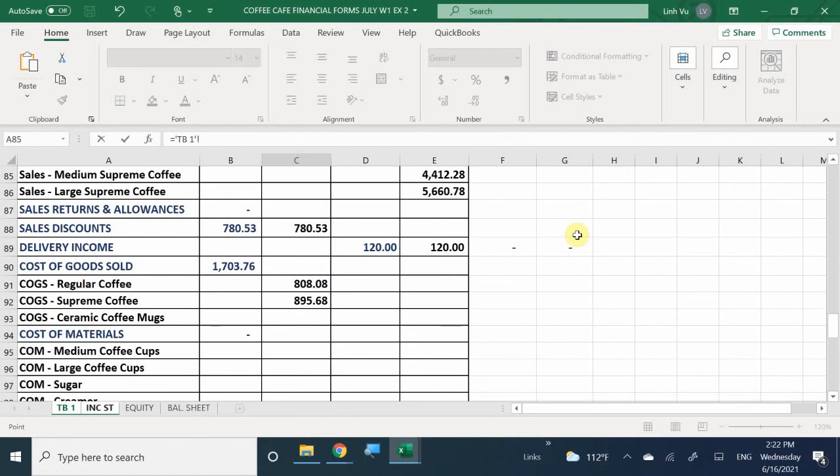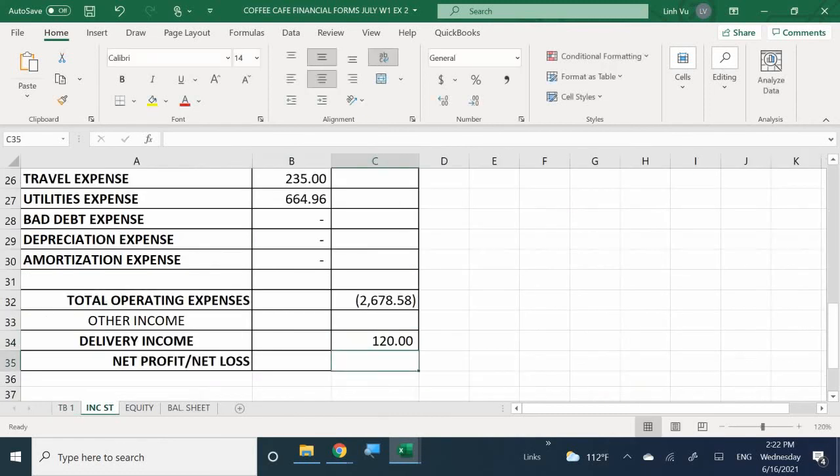I don't know why that formula is not taken in for the total operating expenses. It's equal negative sum.